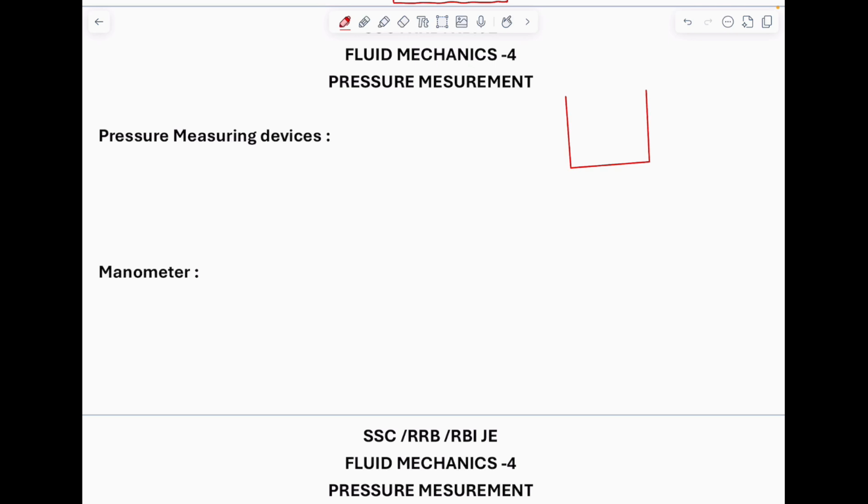Let me take, for convenience of understanding, not that atmospheric pressure is 0, the pressure profile is like this.